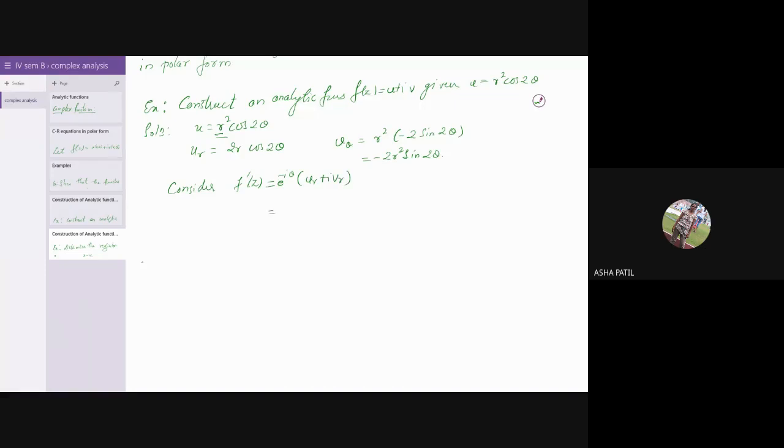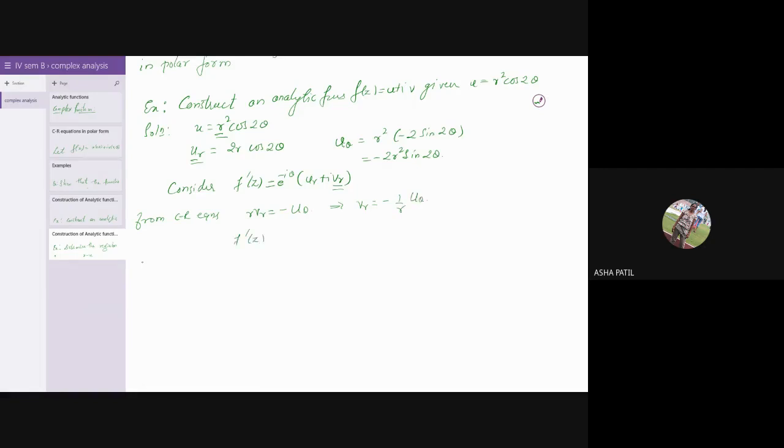Let us substitute the CR equations because we know u r, we know u theta, we don't know v r. So from CR equations, what can you write? r v r is equal to what? Minus u theta. Good. So this implies v r is equal to minus 1 by r into u theta.